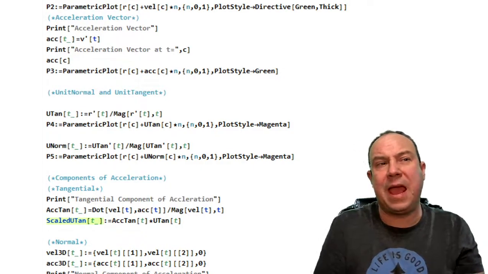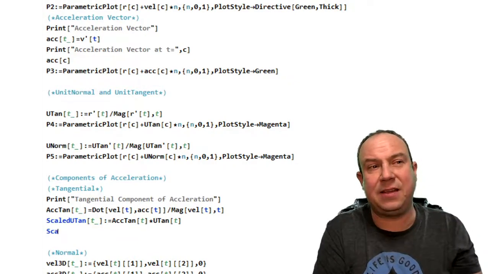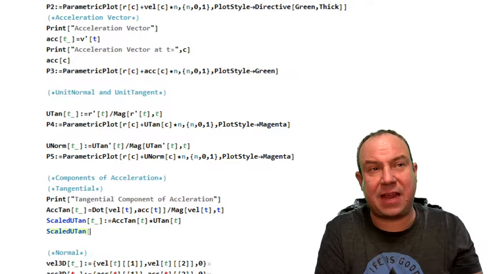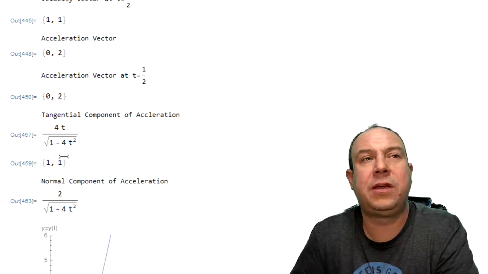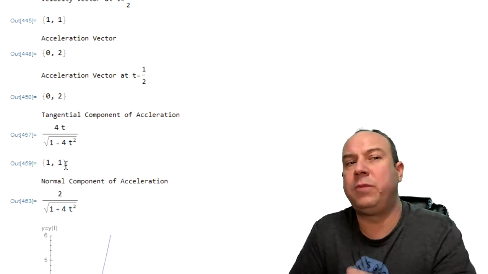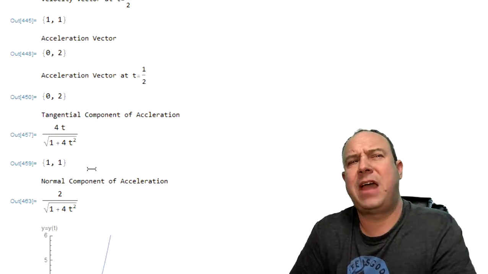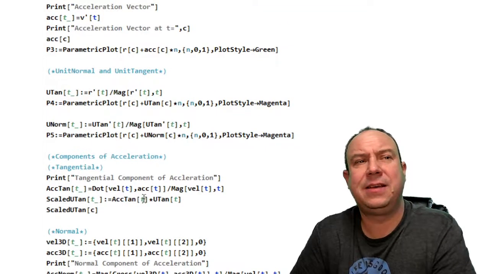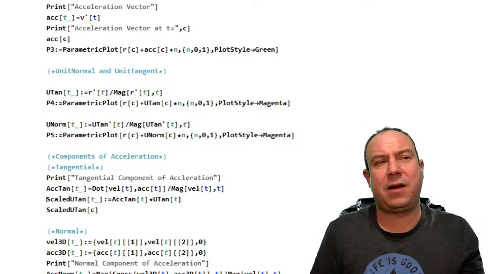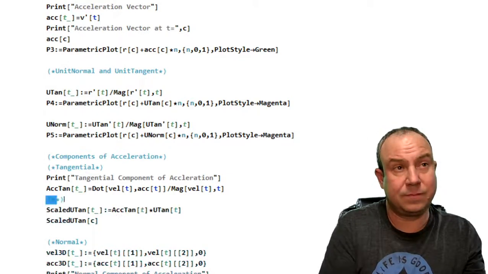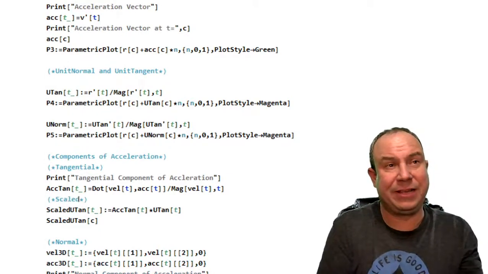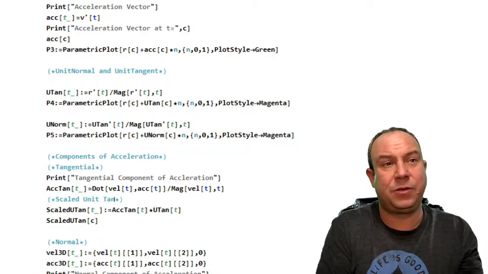All right? And once we define that, we can actually calculate that at our value of c. And that should tell us down below here. Yep. 1, 1 would be that vector at c. All right. This would be our first of all, scaled unit tangent.